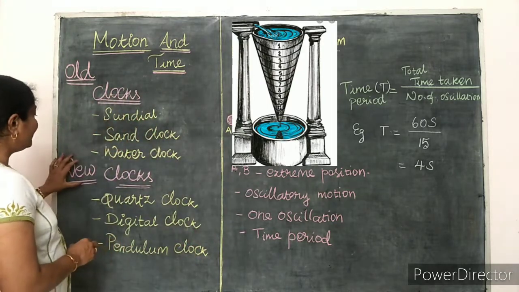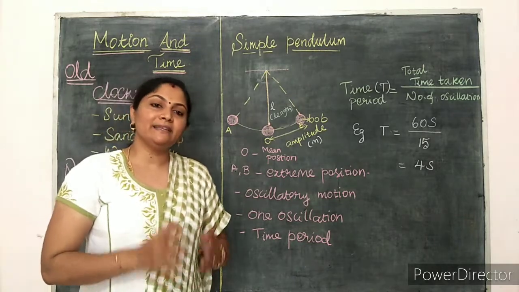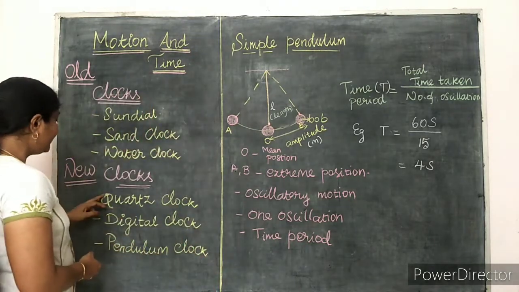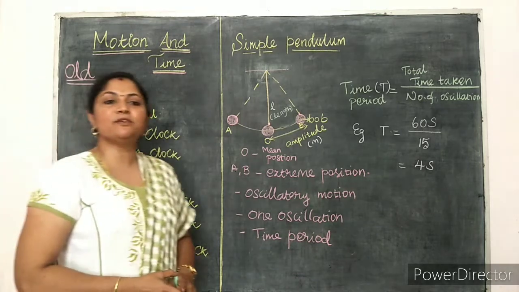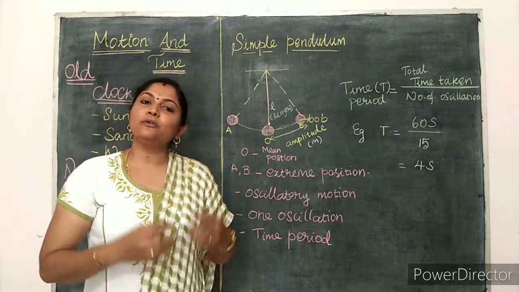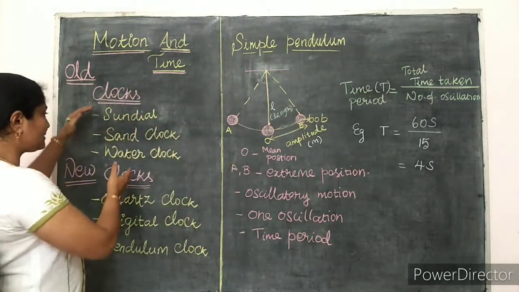So next one, nowadays we are using many new clocks. In that case, quartz clock, digital clock and pendulum clock are the different types of modern clocks. So these clocks are more accurate than the old clocks.